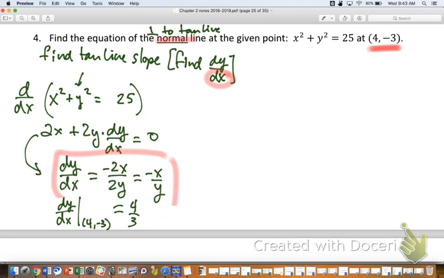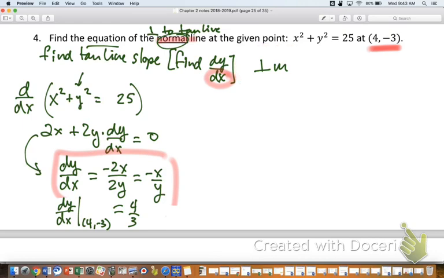Because I'm supposed to write the equation of the normal line, this is where I need to do that little trick and say, that's the slope of the tangent line, so I need to flip it and change the sign. I'm going to put up here something like the slope of the normal line. Does that symbol make sense? Perpendicular m, slope of normal line.